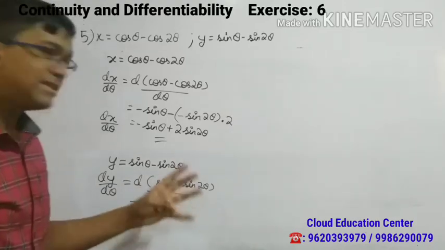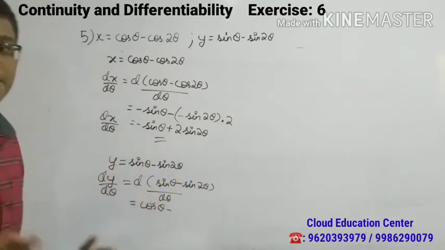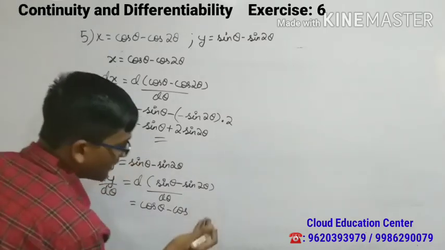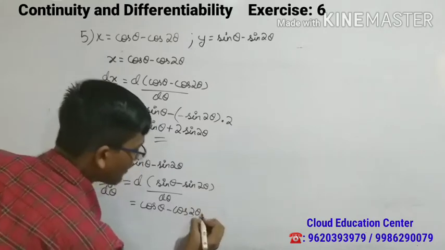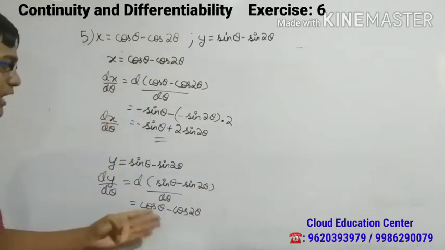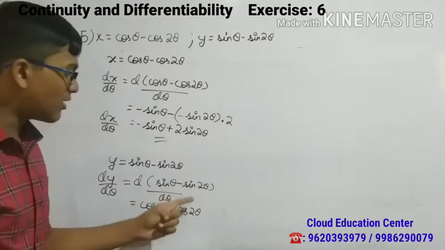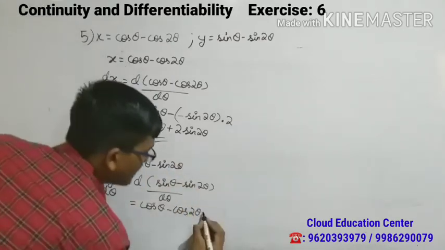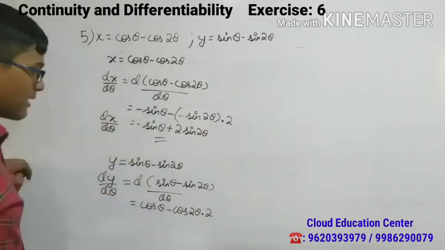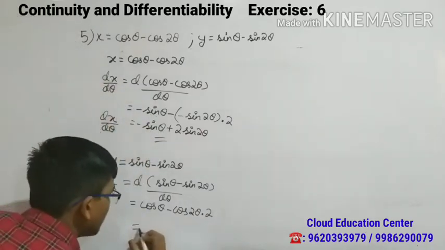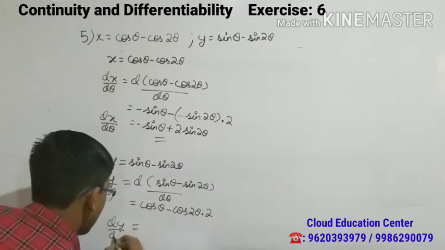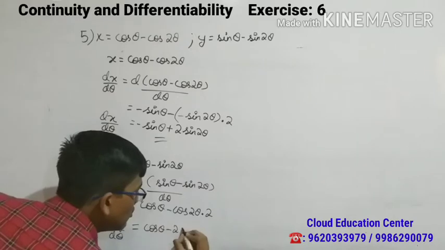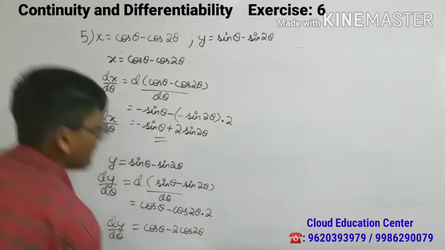Again, instead of 2 theta, let's take just theta. Differentiation of sin theta is nothing but cos theta. Cos, instead of theta, let's put 2 theta. Okay, so now we cannot stop here because we still have 2 theta, which is also a function. Let's again differentiate it. Then we get into 2. On rearranging, we get dy by d theta is equal to cos theta minus 2 cos 2 theta.